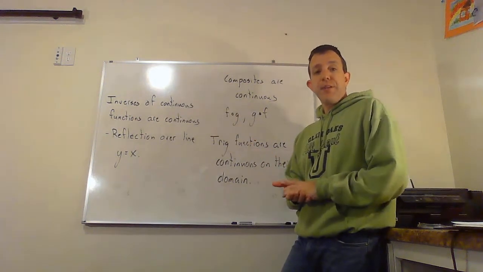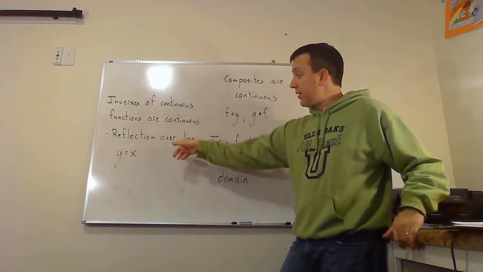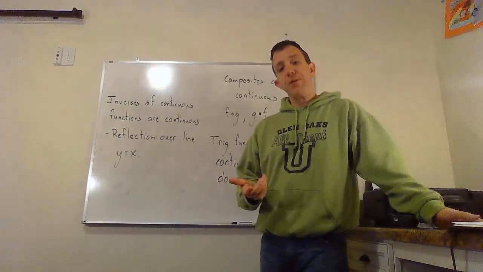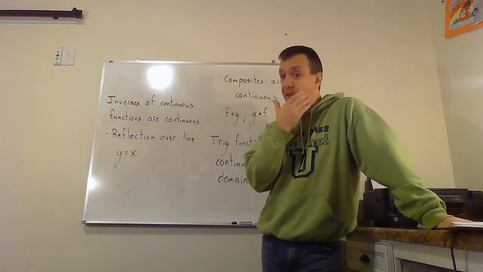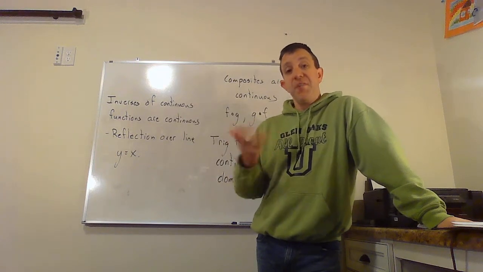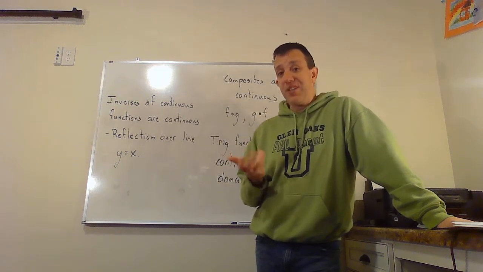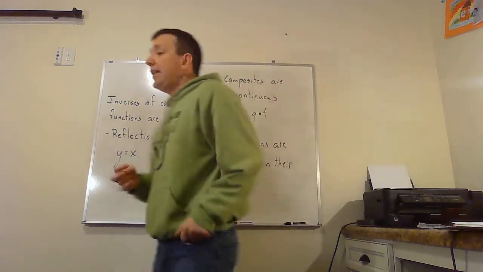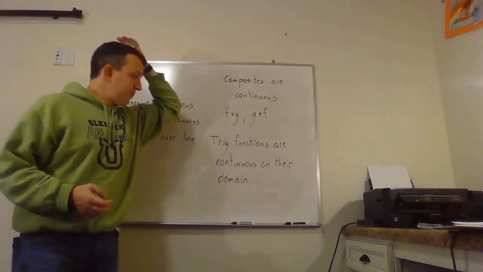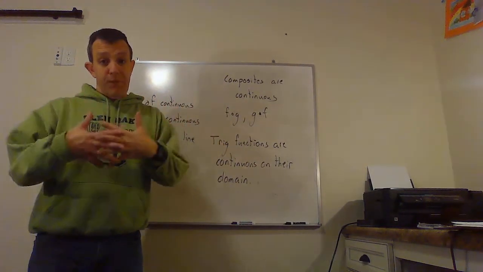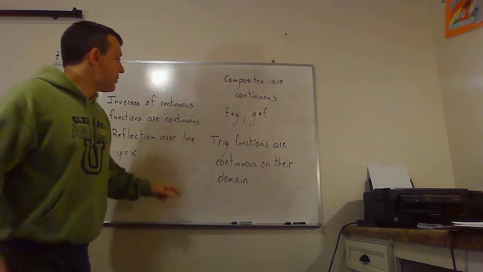And really that's just because all an inverse is, is a reflection over the line y equals x. So if you go back to our basic idea of continuity as being a graph that you can draw without picking up your pencil, reflecting it over a line is not going to change the fact that you can still draw it without picking up your pencil. Composites are continuous. So if f and g are both continuous functions, then if you composite them, they will still be continuous functions.